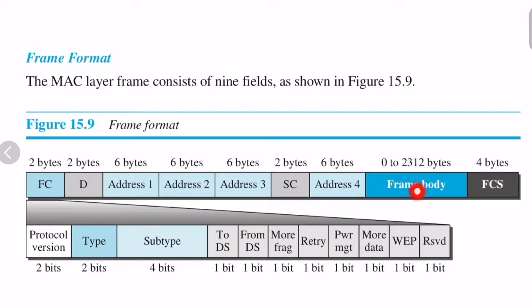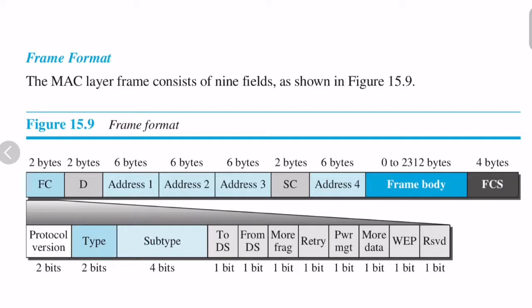Next comes the frame body. In this field, the value is between 0 to 2312 bytes. It contains information based on the type and the subtype defined in the FC field. Next comes the FCS field. The last field is FCS field, which is of 4 bytes frame check sequence field.